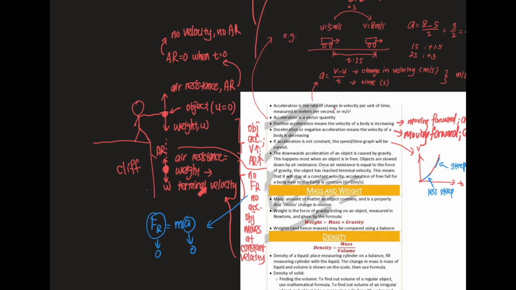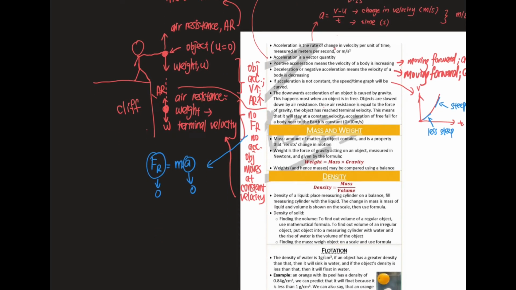Okay, so can I know what is resultant force? Resultant force is the net force, after considering the weight and the air resistance. What force that remains is the net force or the resultant force.